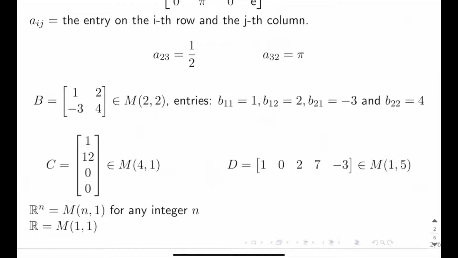Now it turns out that Rn that we have been familiar with, for example R2, R3, is the collection of all matrices of n rows, one column. For example, the matrix C is of 4 rows, one column. So this is defined to be R4, the 4-dimensional vector space R4.